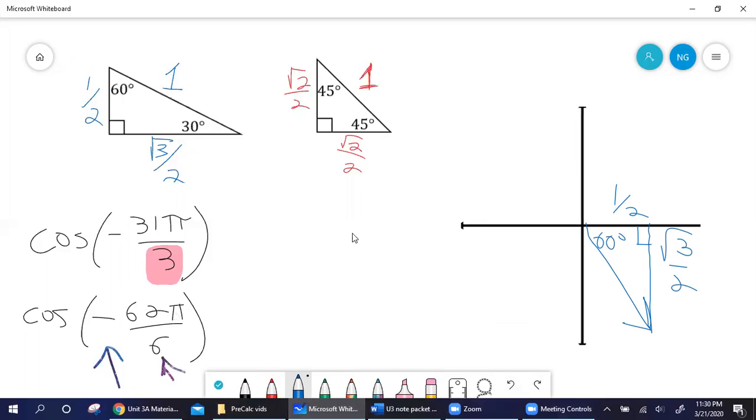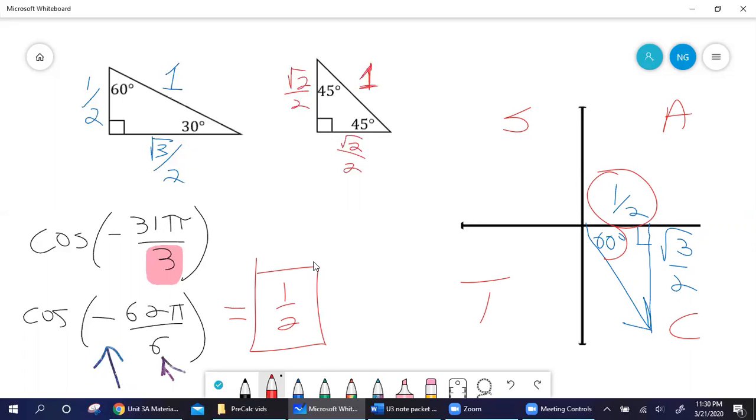This one wants the cosine. Cosine from the angle is the adjacent, which is 1/2. And according to all students take calculus, cosine is positive down here in the 4th quadrant. So my answer would be positive 1/2.